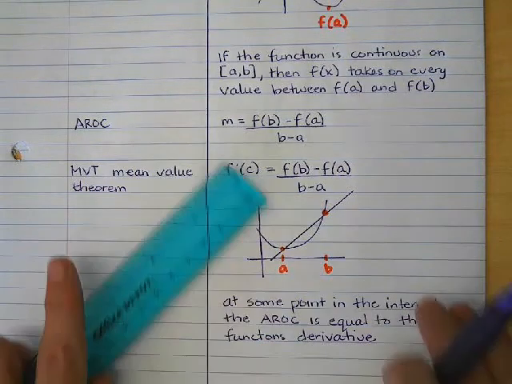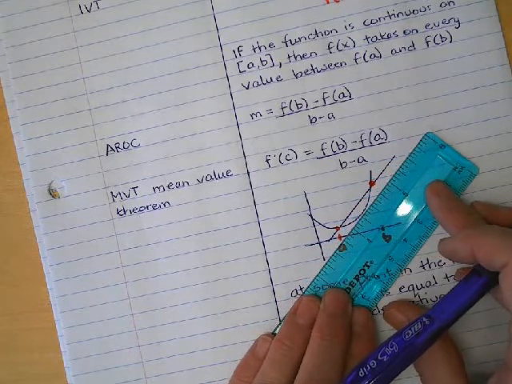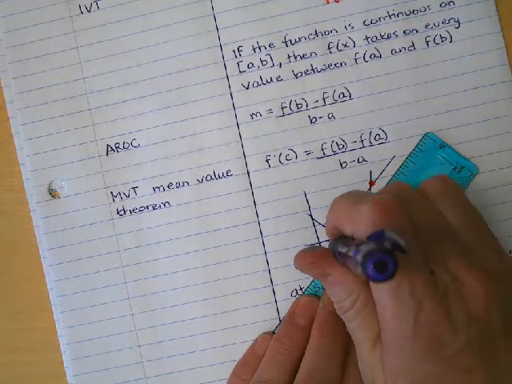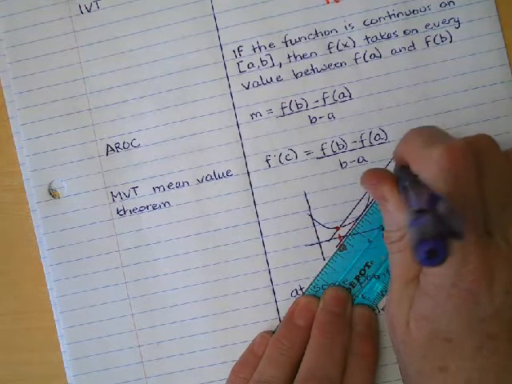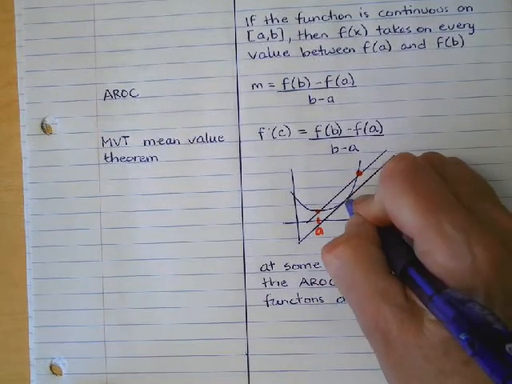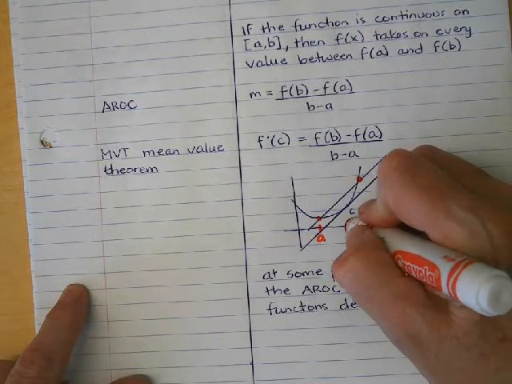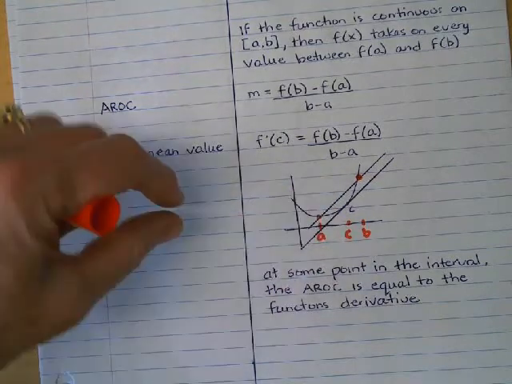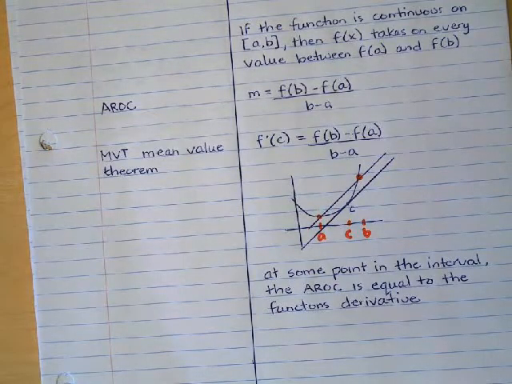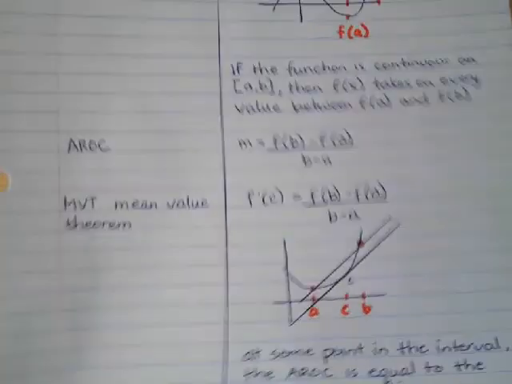I'm going to try to make this line as parallel as I can. At this point right here, the derivative at c is equal to the average rate of change. So those are the things we've been working on before.